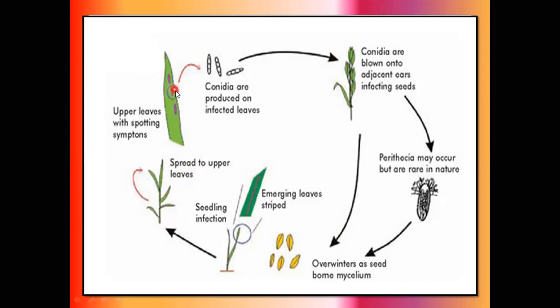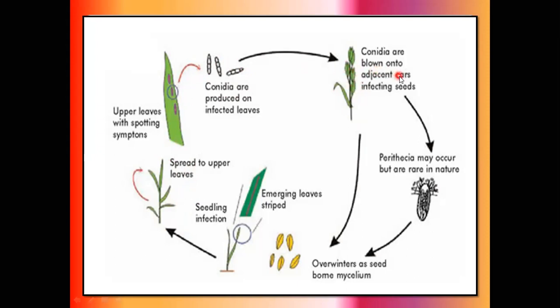These brownish spots produce conidia. This conidia is released from the infected host tissue and falls on other healthy plants, depositing or landing on the leaf portion, or maybe the boot portion, or the panicle portion. So this portion becomes infected.